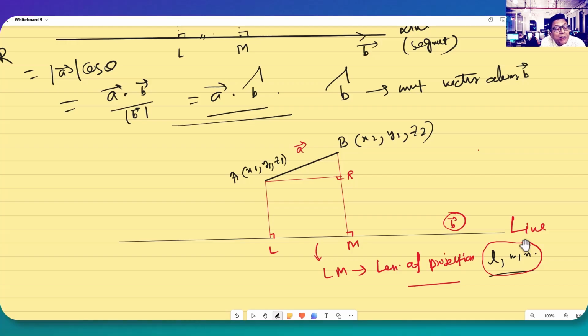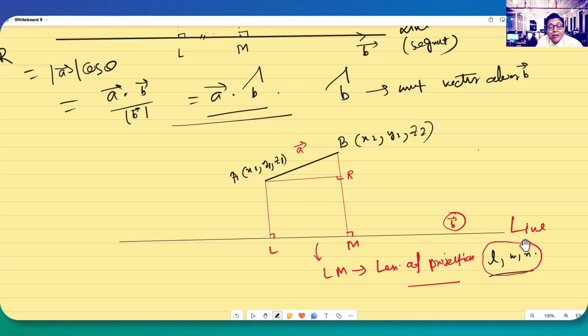We have found it already. Isn't it? So here also the length of projection of this line segment is nothing but length of projection of vector AB on the line. Okay?